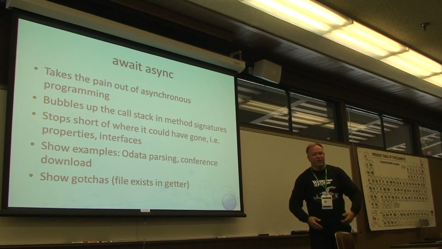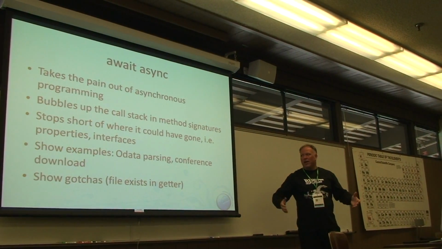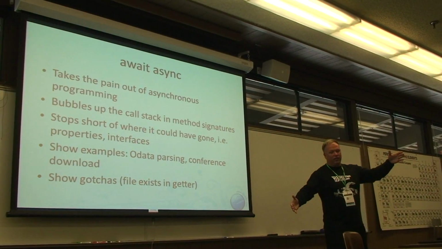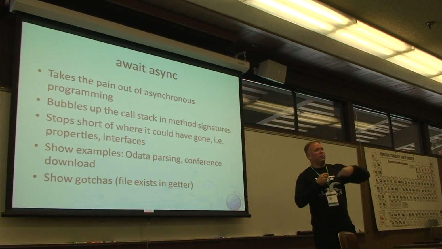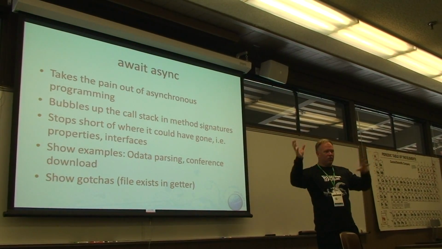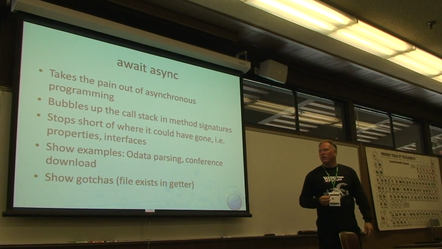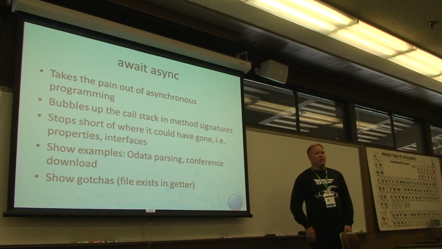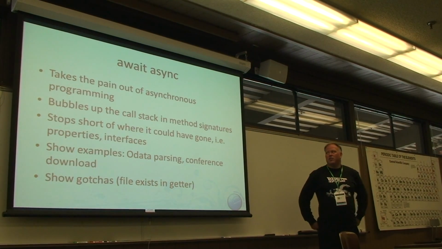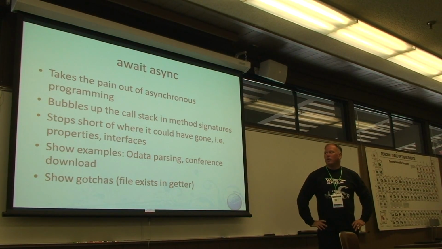And many times you do this in multiple layers. In EventBoard, we have this chain of like 20 calls deep, where each call iterates through an OData and fetches pages of OData. So it's just this huge blob of code. Where do you put your exception handling in that? I mean, there's a good place to put it: Application UnhandledError.